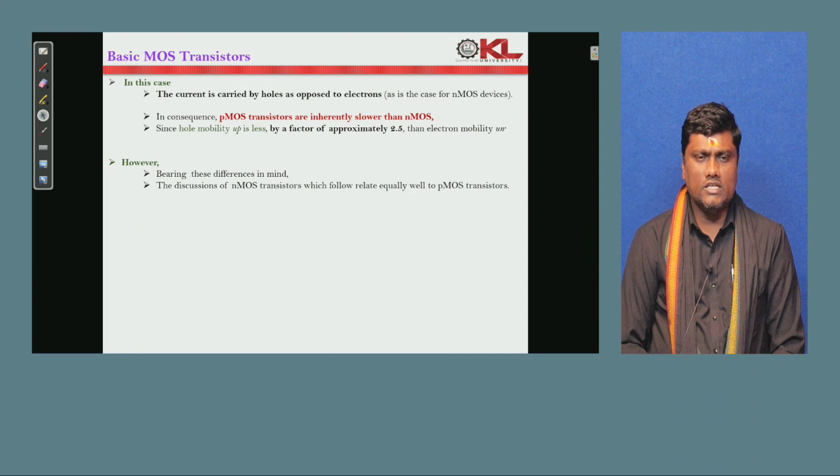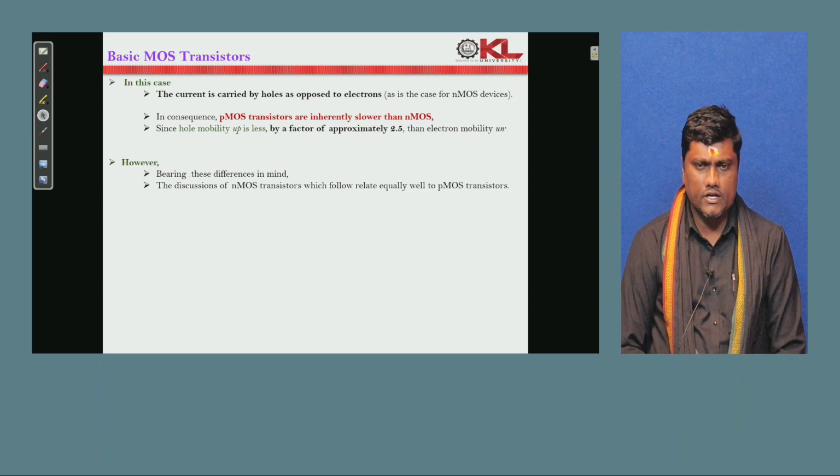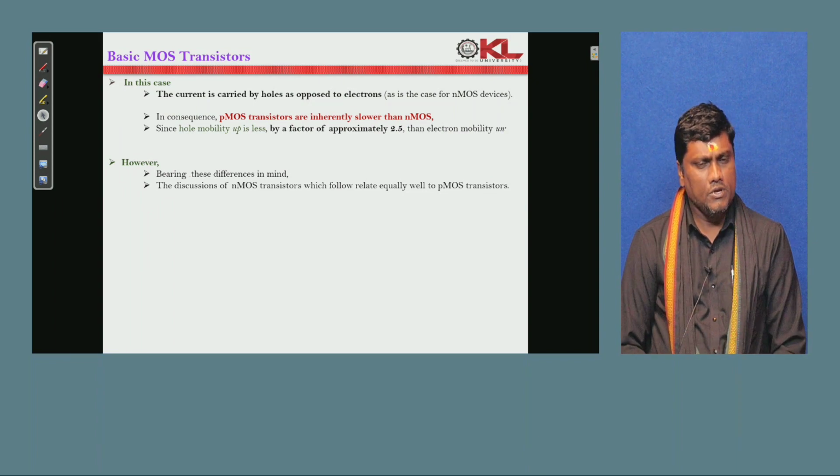Therefore, because of these differences, the discussions of the NMOS transistor will follow relatively equally for the PMOS transistor, but NMOS transistors are always more widely used than PMOS transistors.